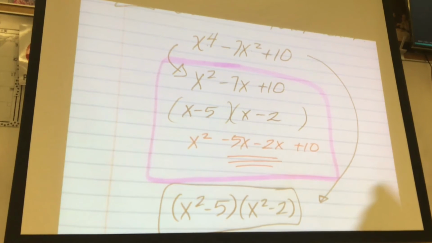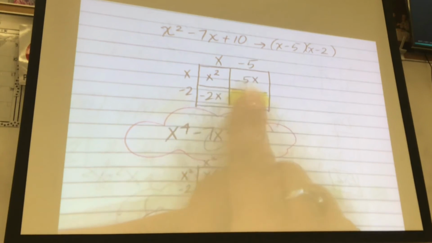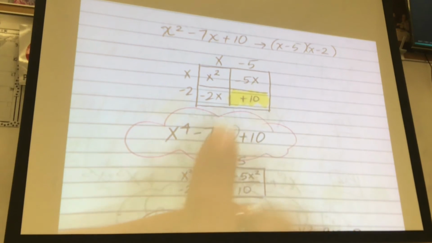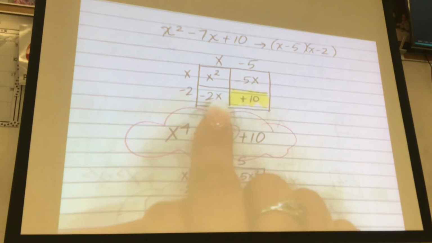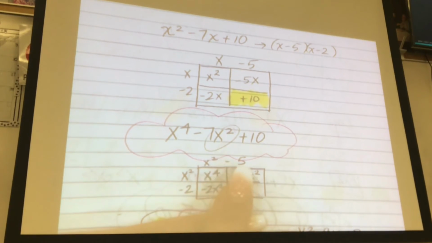For those of you who like the box method, I want to show you what that looks like in a box. Look at this. X times x is x squared. The x's are my middle terms, and I get a 10 here, so that's why it's x in the middle term, because negative 5x and negative 2x is negative 7x. Same thing if I put x squared minus 5 and x squared minus 2. X squared times x squared is x to the fourth.